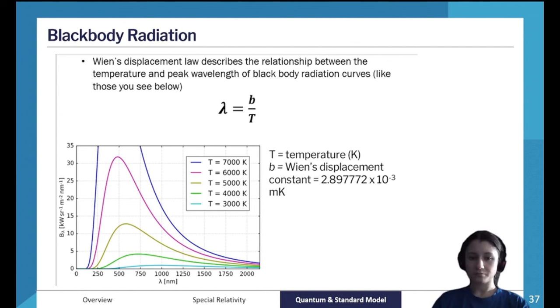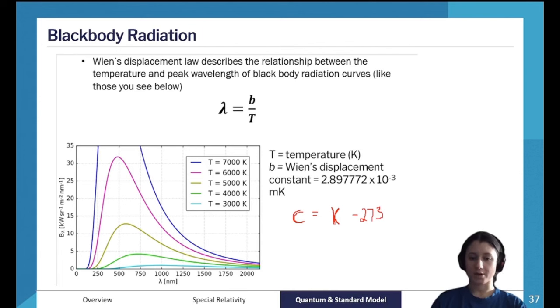So the temperature in Celsius will be the temperature in kelvins minus 273.